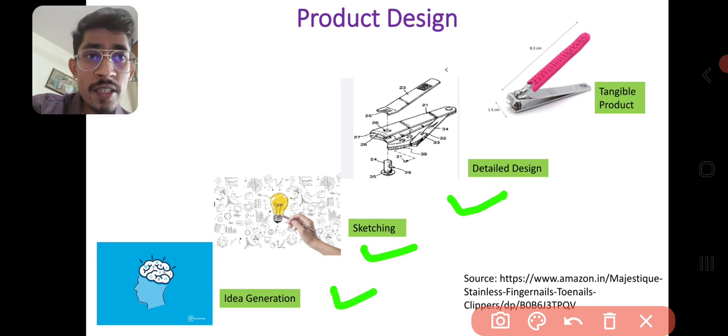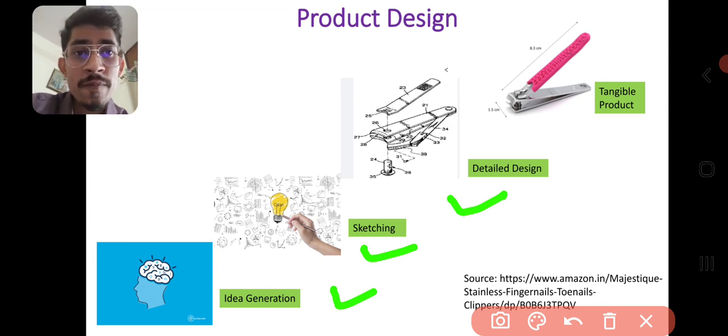You can see in the figure I have given a nail cutter example, where I have put a detailed design related to the nail cutter, and the detailed design shows that the elimination of certain ideas comes into the picture. We are going with our final idea, and for that product we have given all the dimensions.